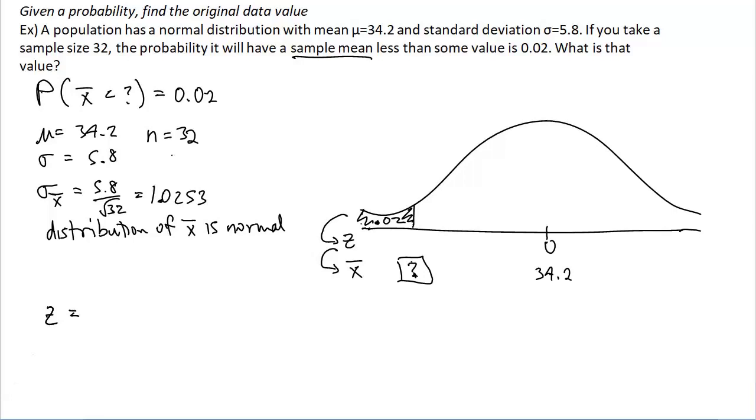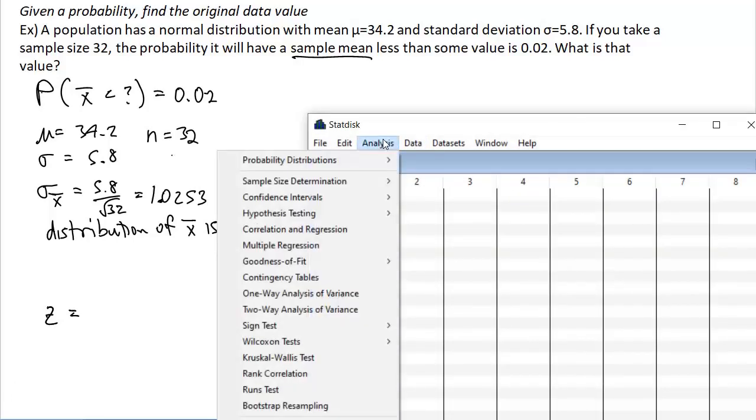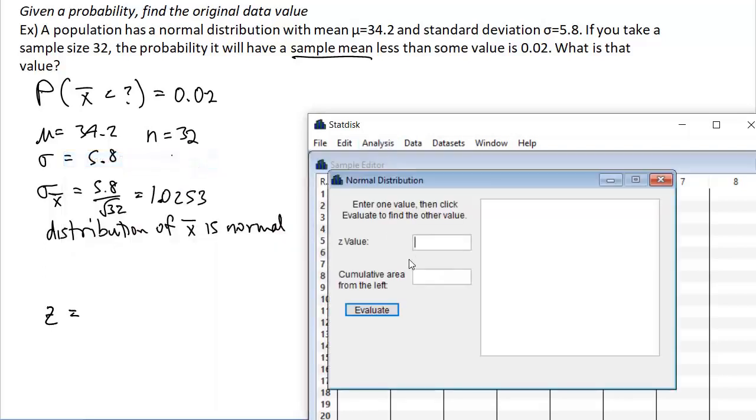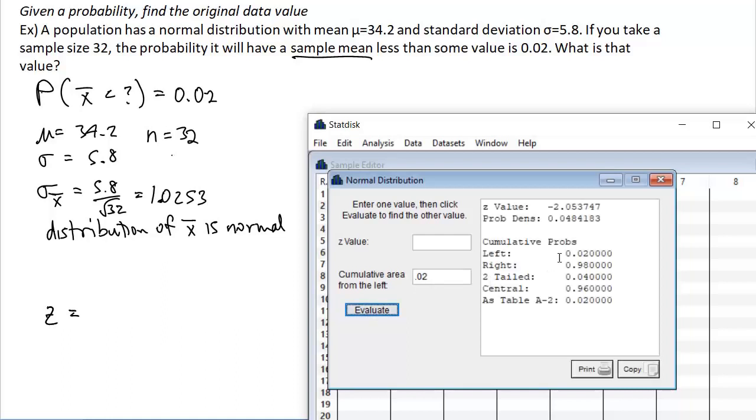There's a couple ways to do it. My preferred way is StatDisk. So let's take a look. Distribution, normal distribution. In this case, what we know is the area from the left, which is 0.02. Click Evaluate, and there's your z-score, negative 2.05. I always like to use 4 decimal places, negative 2.0537.